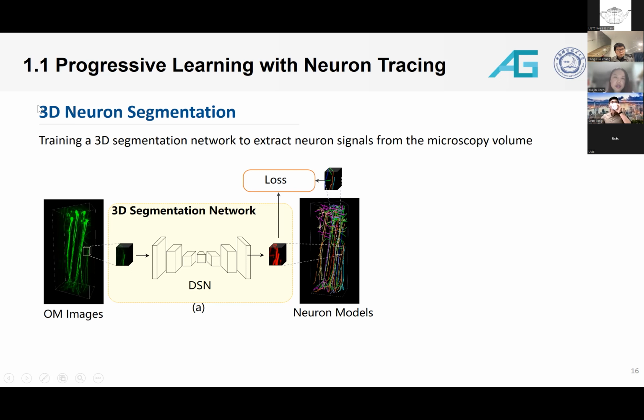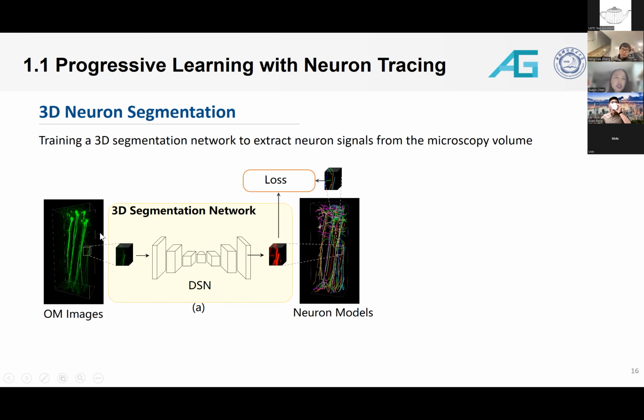The idea is that we can use some traditional methods to generate pseudo labels for network training, but then progressively update the network and the tracing results to iteratively improve the power of the segmentation network.